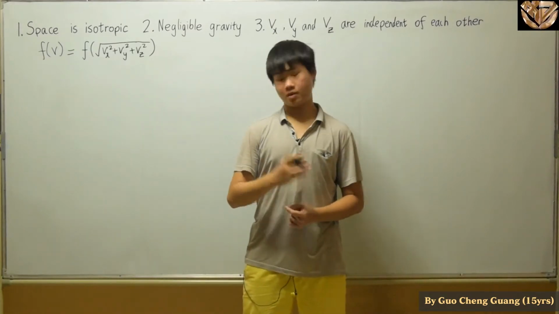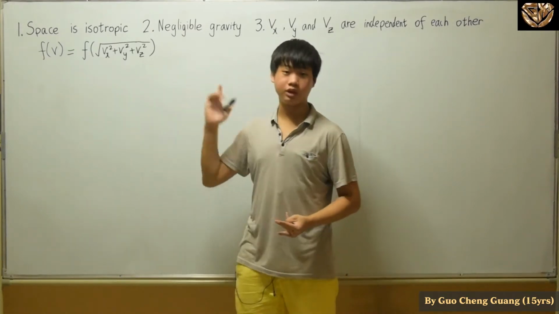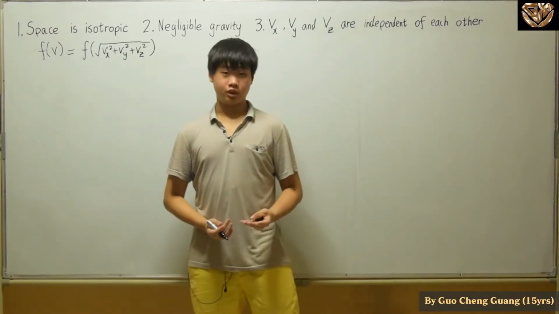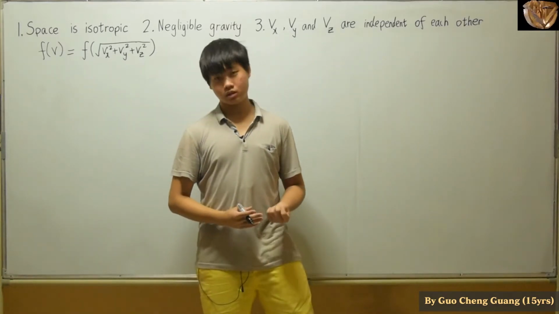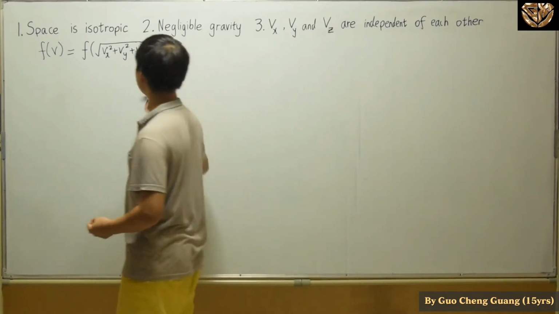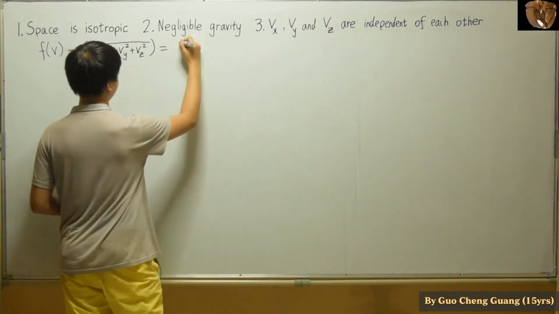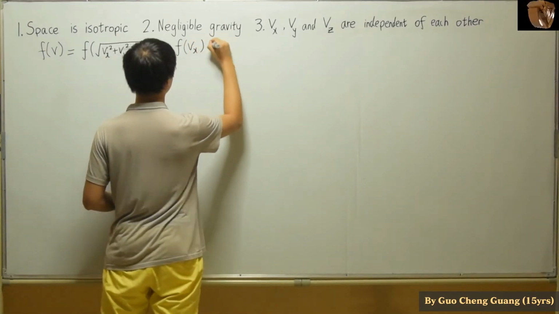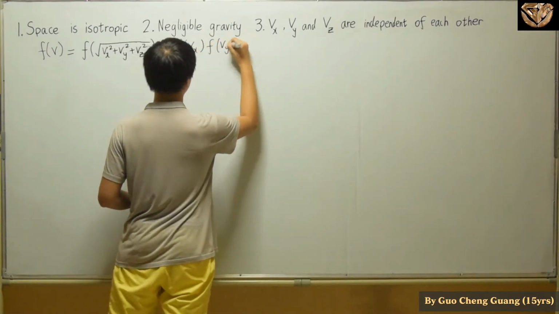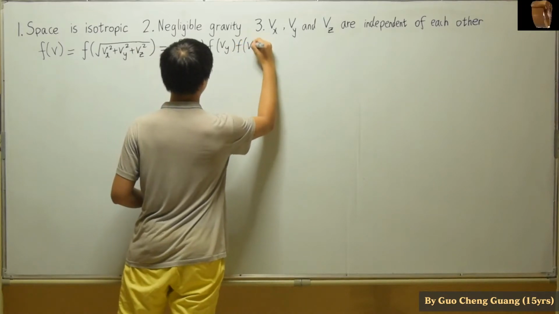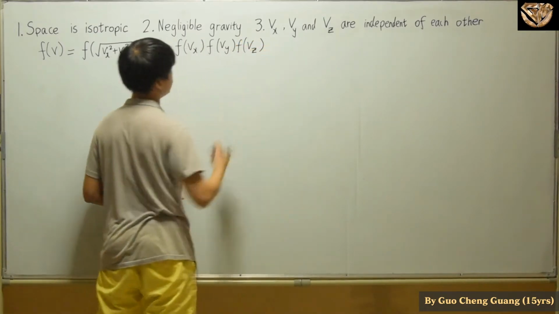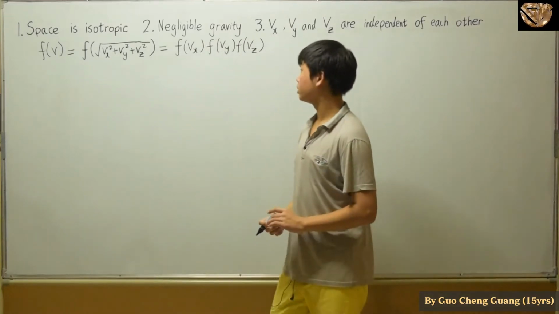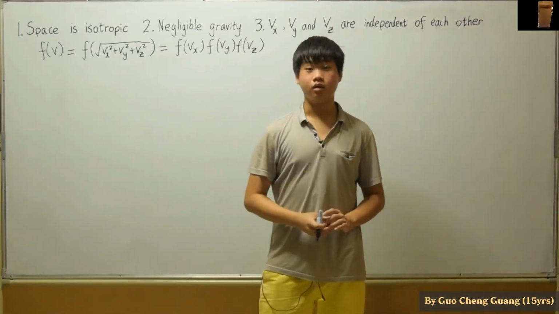By Pythagoras theorem, you would get this. Since we have our third assumption, they are independent of each other, so you could also write them as these three different functions, since they're just independent of each other. So this is what we are going to be taking a look at.